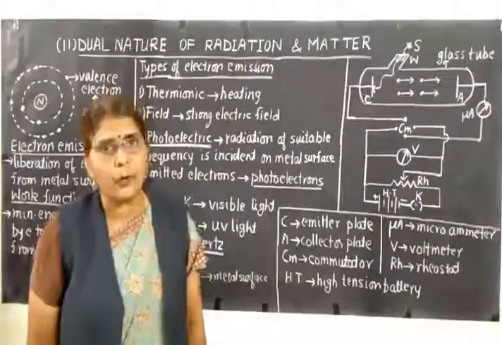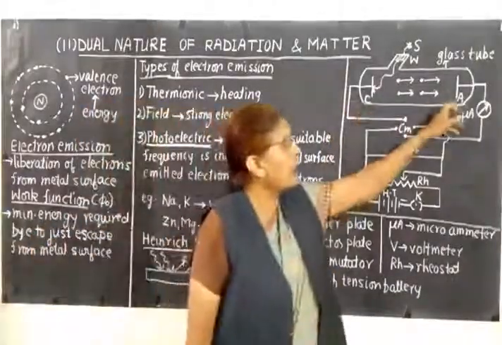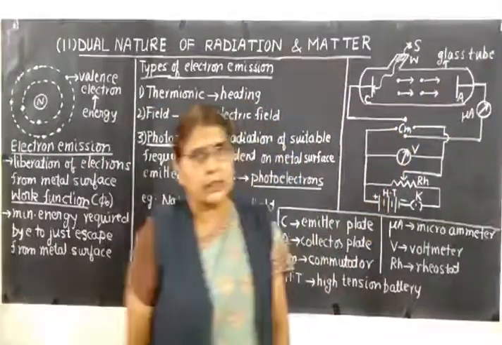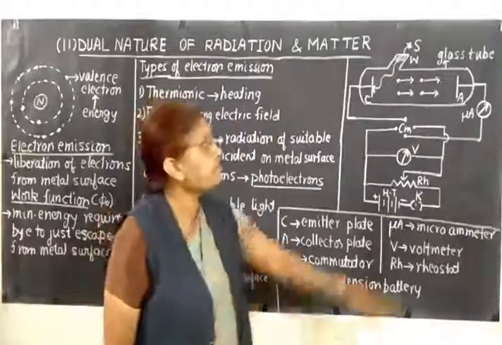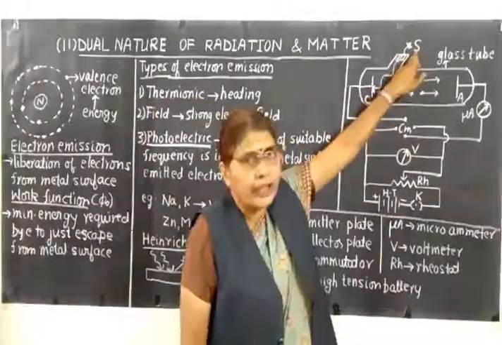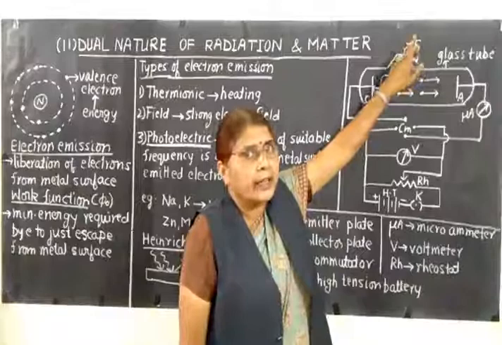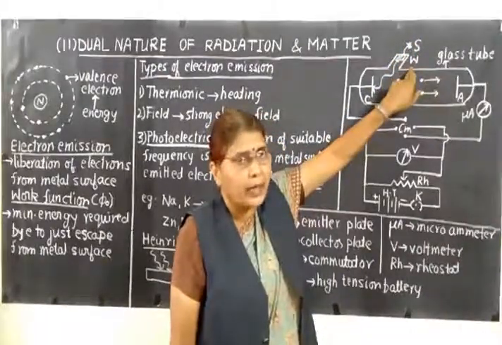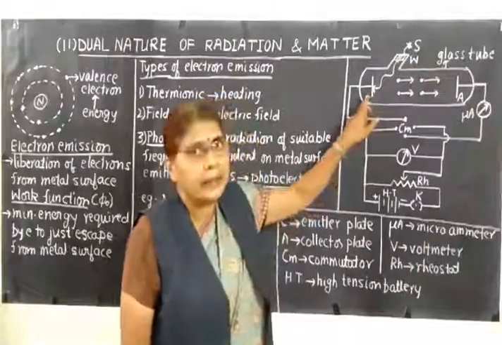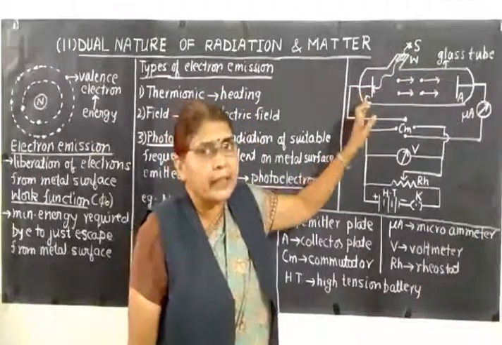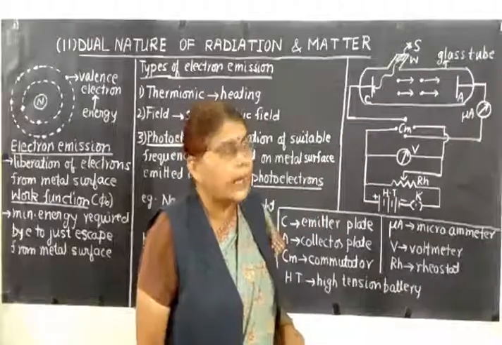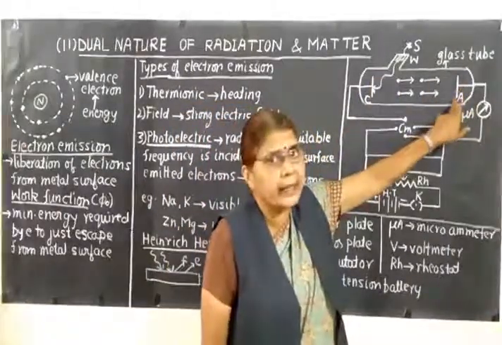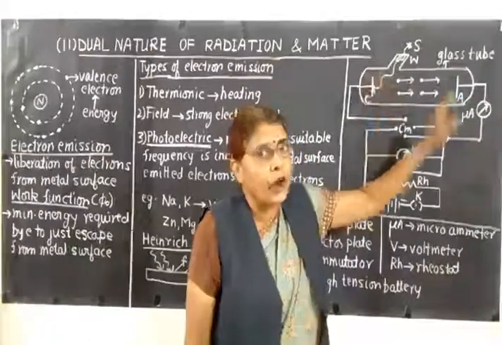What is the use of the commutator? You can reverse the polarities of C and A using this commutator. Let us see how it works. This is a source of radiation S. Radiation from the source S passes through a quartz window W and falls on the emitter plate. The emitter plate will emit the electrons, and these electrons are collected by the collector plate A. So there is a flow of electrons.